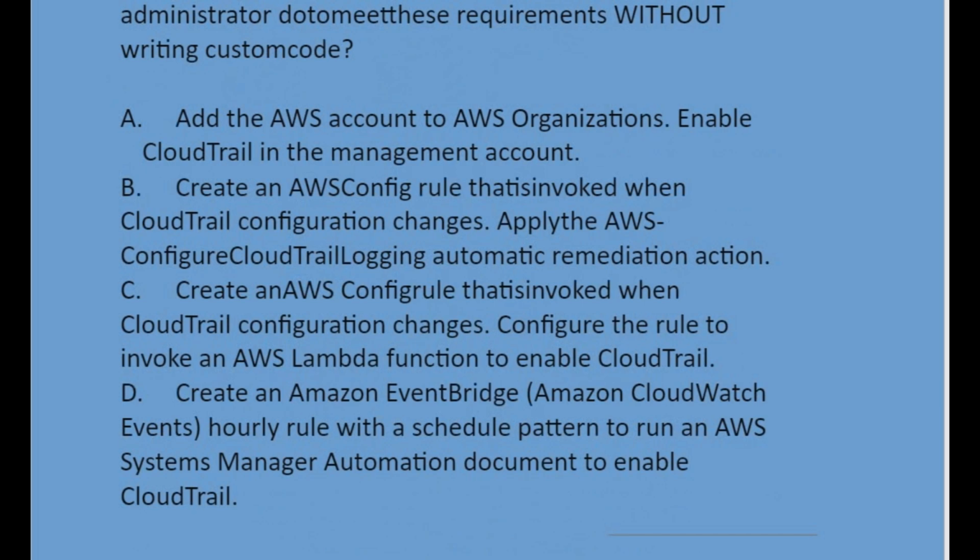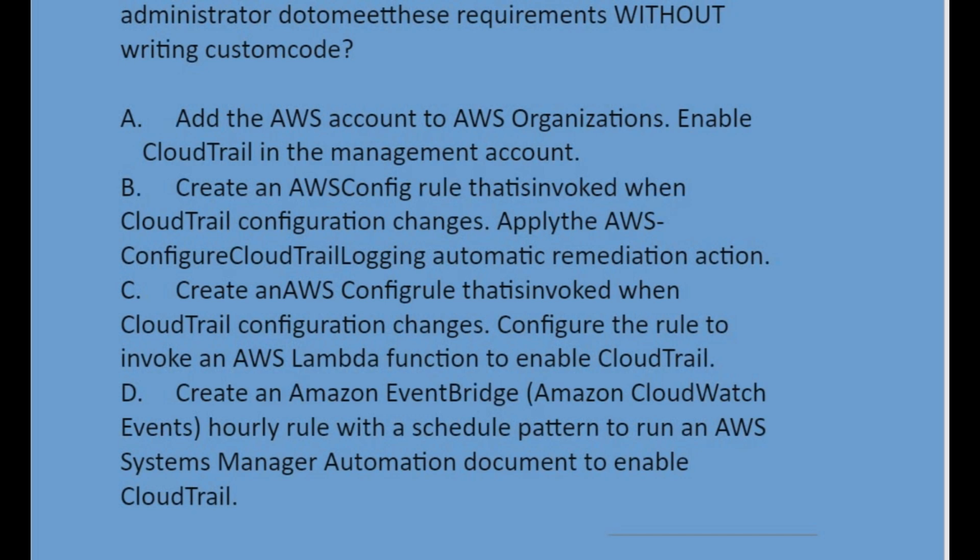Option B. Create an AWS Config rule that is invoked when CloudTrail configuration changes. Apply the AWS configure CloudTrail logging automatic remediation action. Option C. Create an AWS Config rule that is invoked when CloudTrail configuration changes.